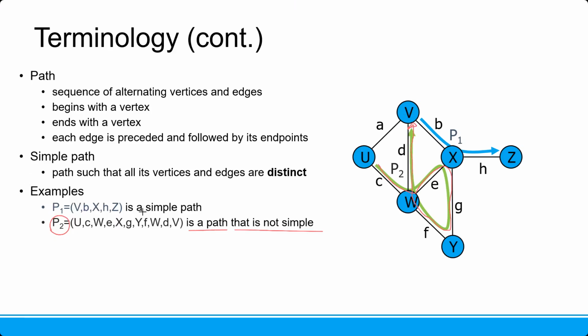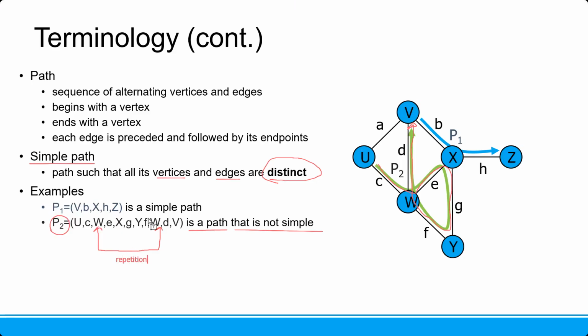but this is not simple because when we call something simple, it means all the vertices and edges should be distinct. Meanwhile, W and W. So it is repeated. So this is repetition.